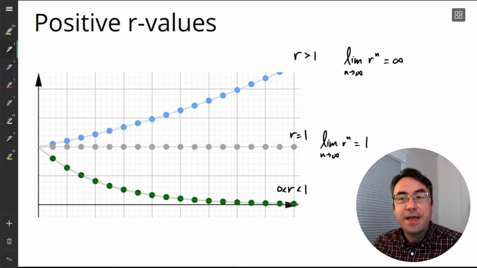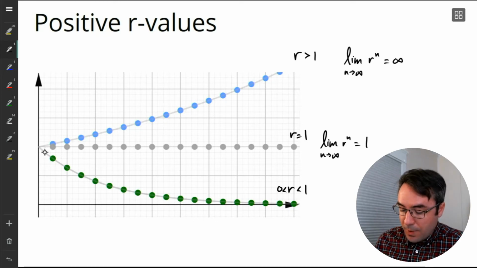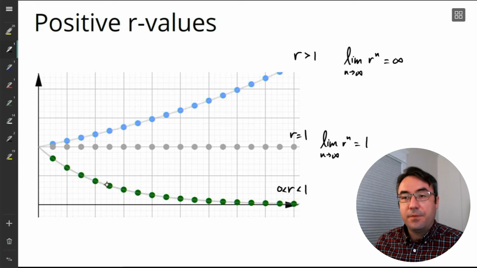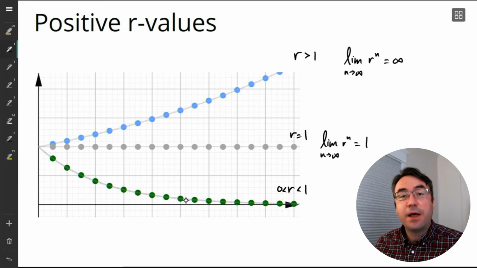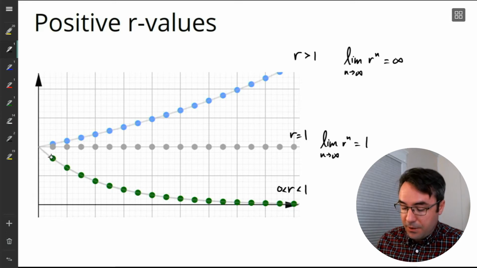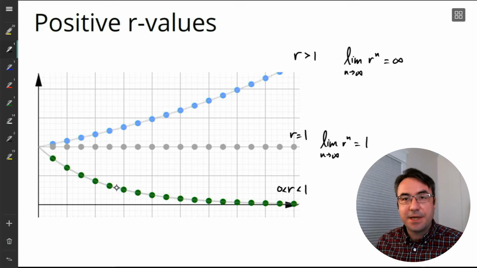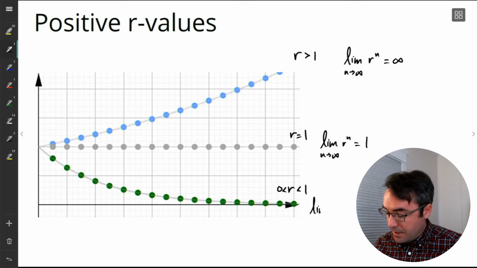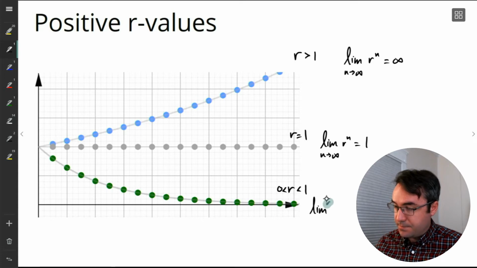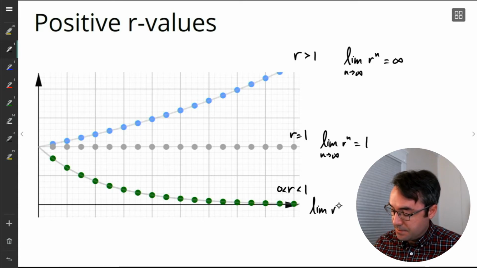What happens in that case? Well, all of the terms of our sequence fall on an exponentially decaying curve. All of these points are falling on this exponential curve, and that curve is decaying down to 0. So the limit of r^n, in this case, is equal to 0 as n goes to infinity.